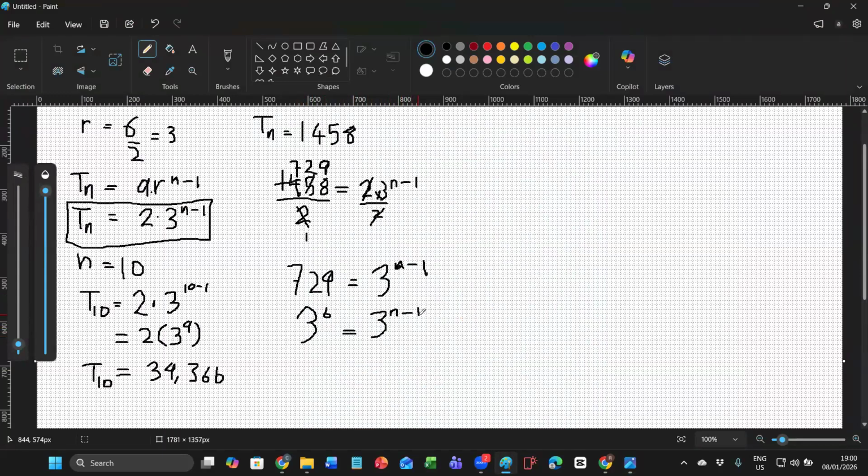So 6 equals n minus 1. To get n, we bring the 1 over to the left hand side, so that would be 6 plus 1, which is 7. So this bit, you understand it, right? Yes, I understand the part.